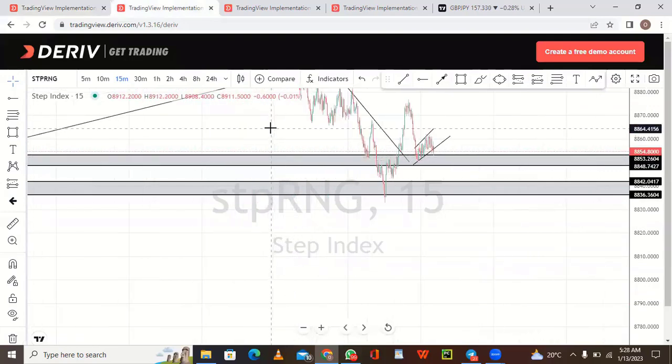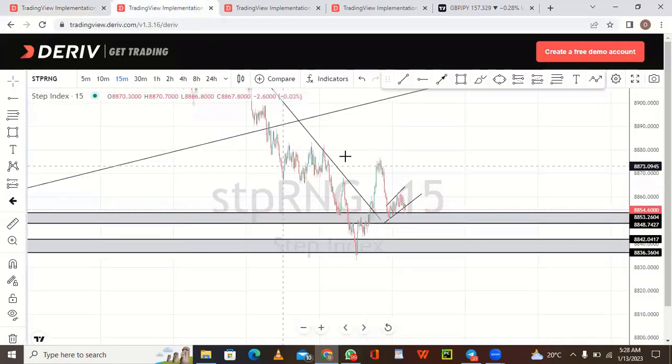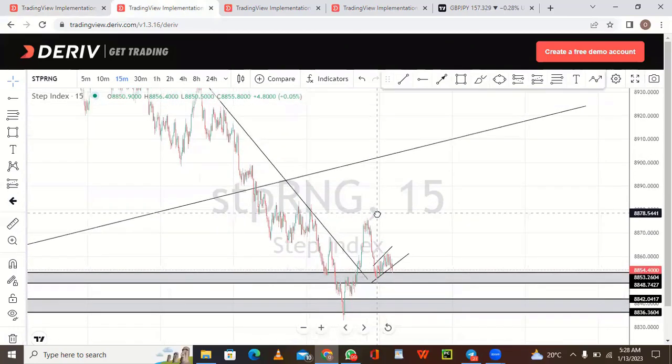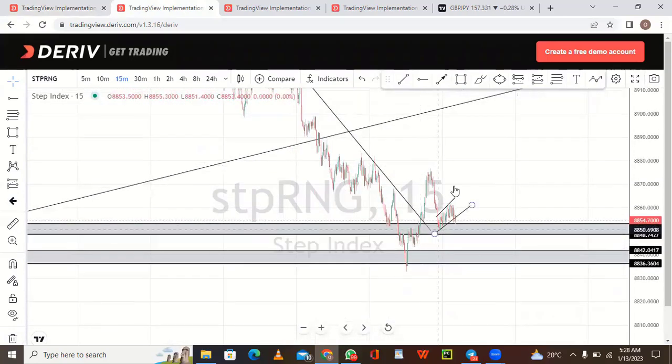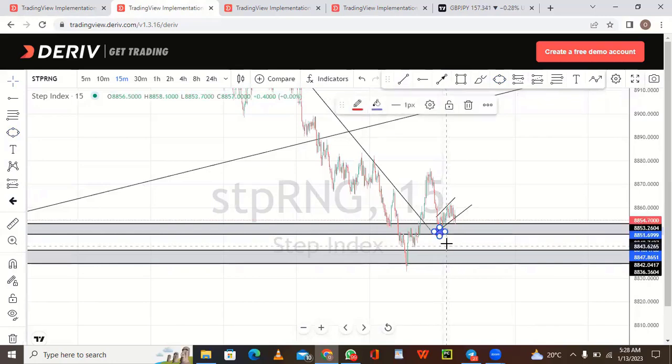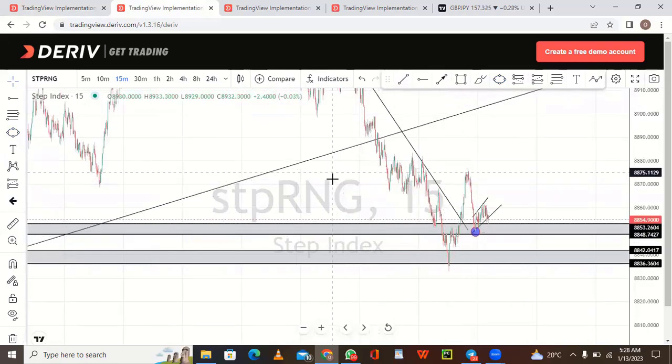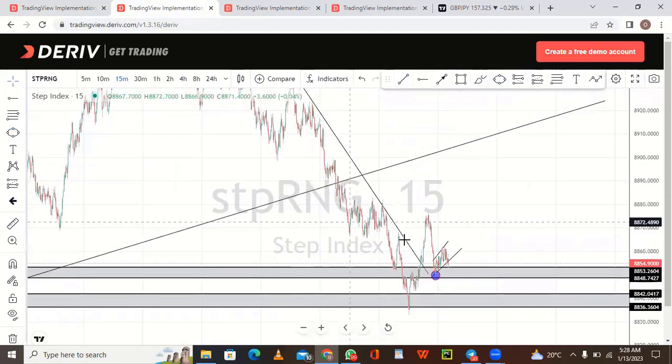This is my bias on Step Index. This is just an analysis, and all these zones here are my POIs. I'm expecting two things from here. This is a bearish flag.